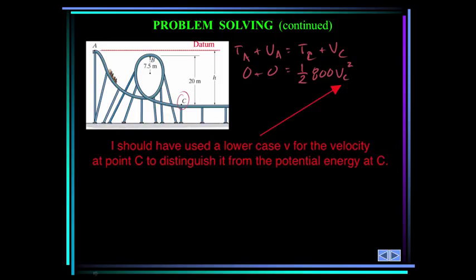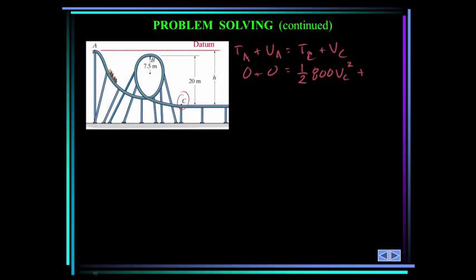That's what we're looking for. Plus the potential energy at C, which is going to be mg delta h, so it's 800 times g, 9.81, times delta h, which we calculated previously to be 23.75, but C is below the datum, so that's negative.